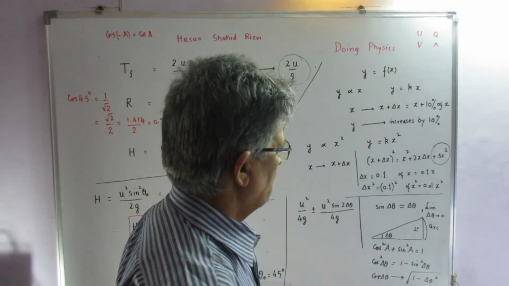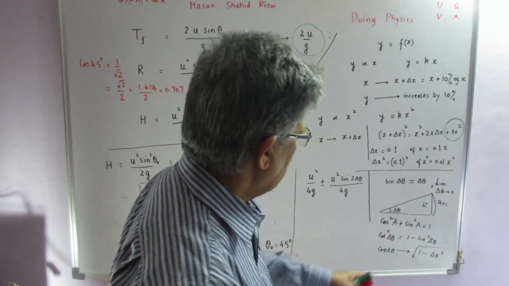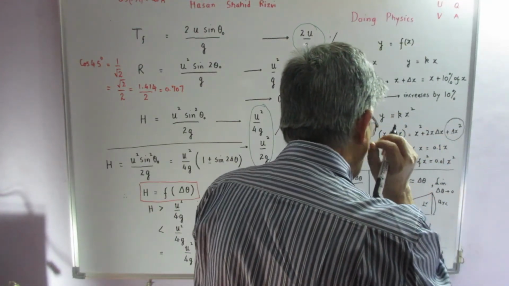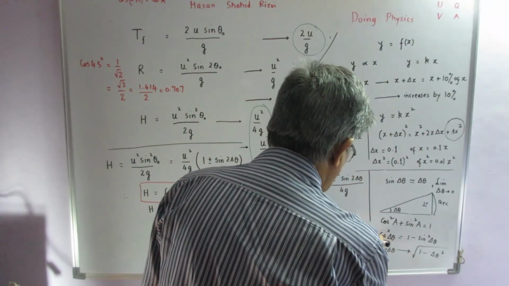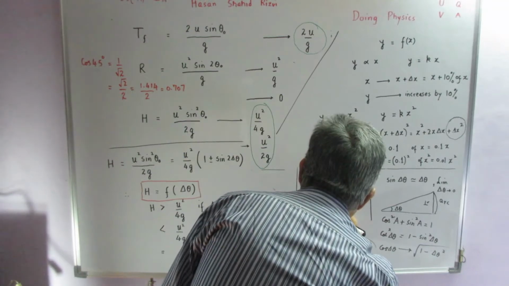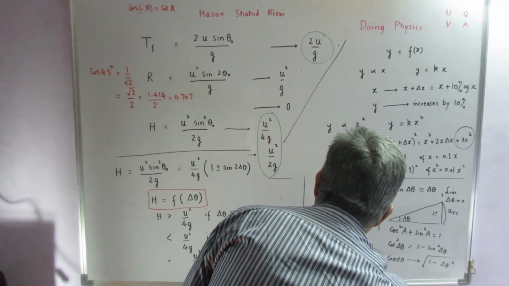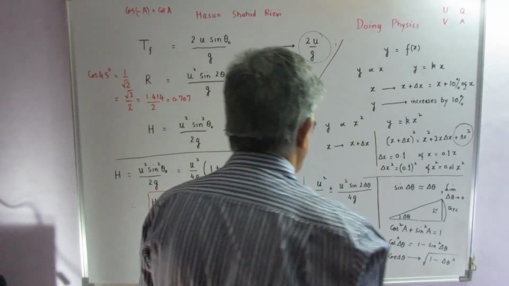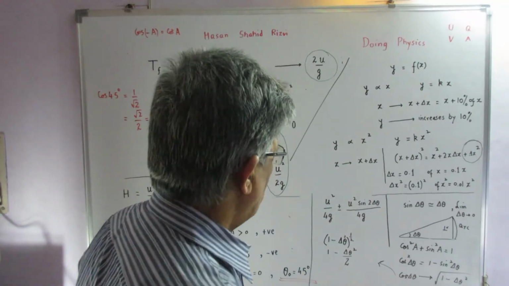Because sine of delta theta is equal to delta theta, this will turn out to be 1 minus delta theta square raised to the power half, which becomes 1 minus delta theta square divided by 2.